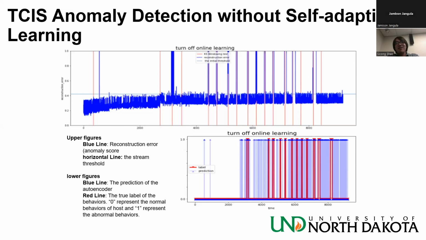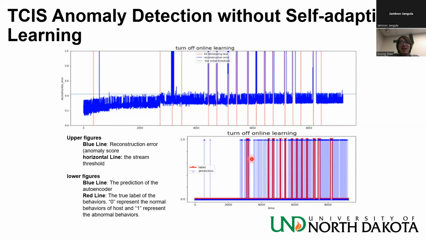But if there is a huge non-overlap, your accuracy is very low, which is not good. Now, without the self-adaptive learning capability, during the normal stage here, I need a laser pointer here, during the normal stage, as you can see, it's still good. Most of the time they are overlapped.